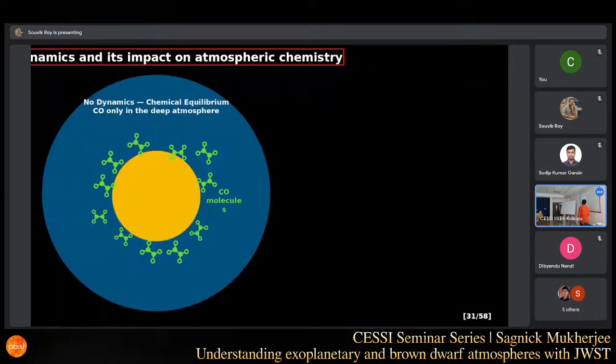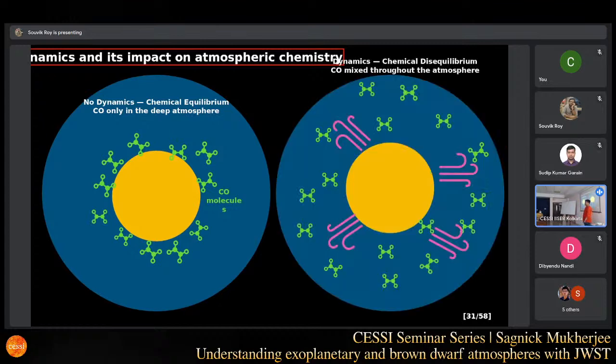Let's take an example. If you have a gas giant planet between temperatures of 500 to 1000 Kelvin, then think about the gas molecule carbon monoxide. If you have no dynamics, then carbon monoxide is supposed to be confined to the very deep atmosphere, from physics. But once you have dynamics, the dynamics can dredge up all that carbon monoxide from the deeper atmosphere and bring it up to the upper atmosphere.